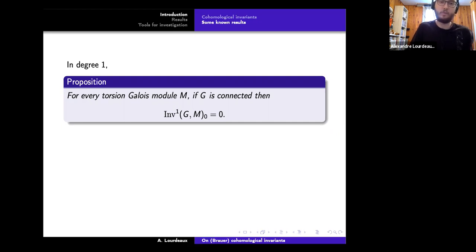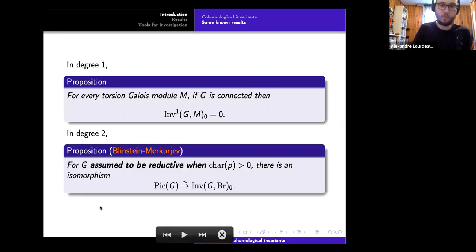Then in general, also in degree 2, we have a theorem from Blinstein and Merkurjev, which is that for G assumed to be reductive when the characteristic is positive, there is an isomorphism of the group here.